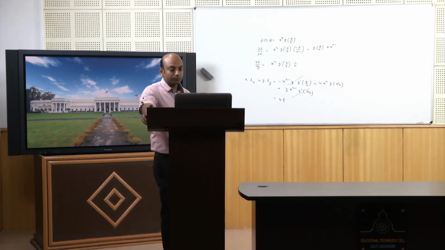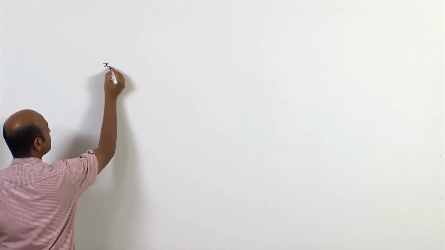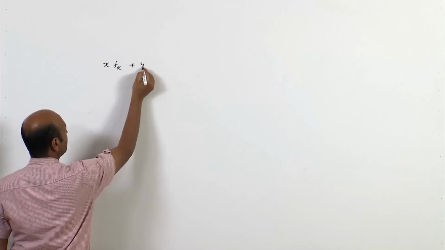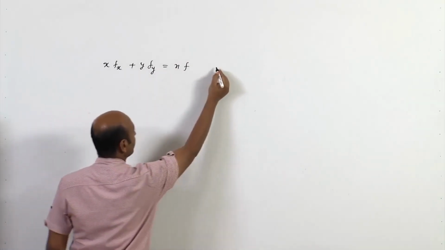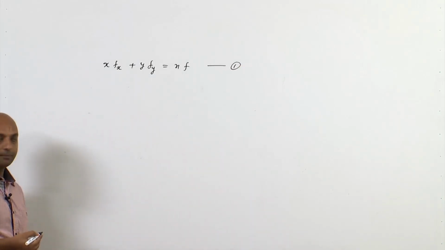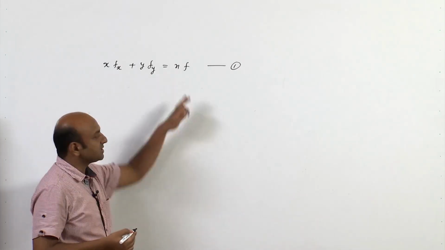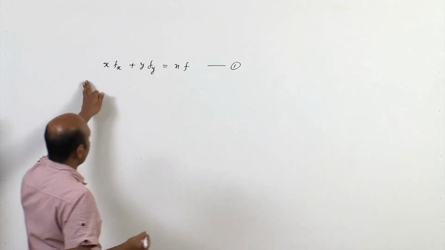Now, the second result. We have obtained that x f x plus y f y is equal to nf, if f is a homogeneous function of degree n. Now, let us differentiate both sides partially with respect to x.